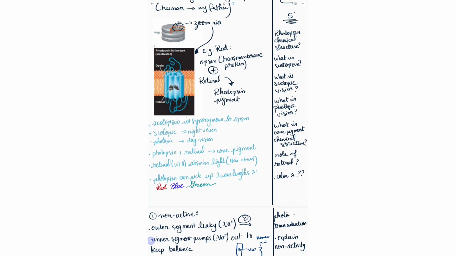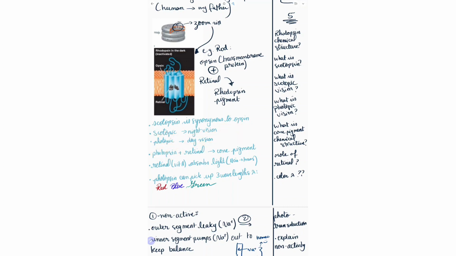Now, for cones, it's called the cone pigment, and it's formed of retinal, of course, as well as photopsin. In this case, it's opsin for rods. In cones, it's photopsin. So photopic vision is for day vision, meaning cones. And scotopic vision means night vision, meaning rods.